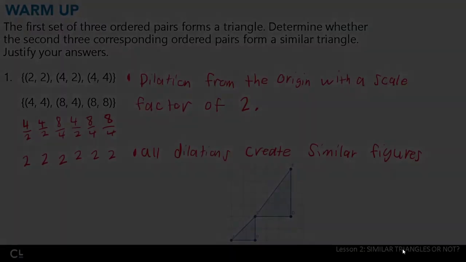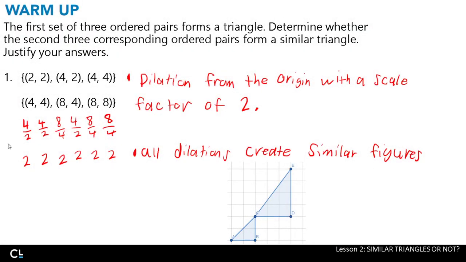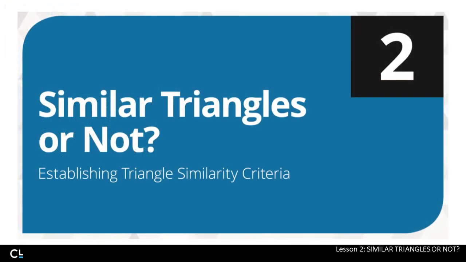Our first triangle, ABC, down below is 2, 2, 4, 2, 4, 4. And then our bigger triangle, CDE, is 4, 4, 8, 4, 8, 8. So as you can see, they are similar. They look the same, except one is bigger than the other. Awesome. Fun.